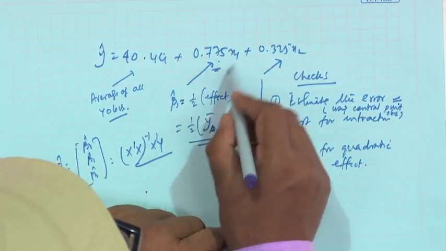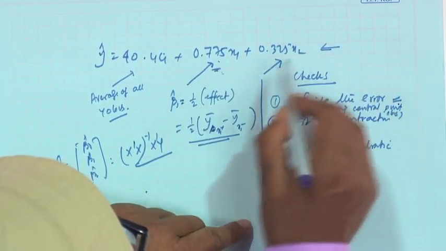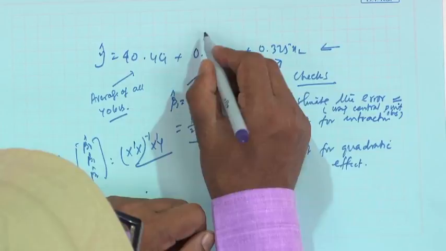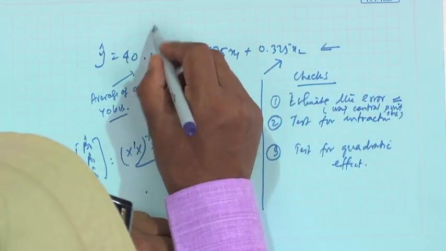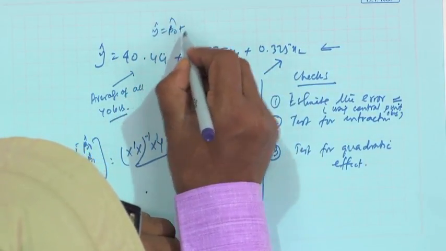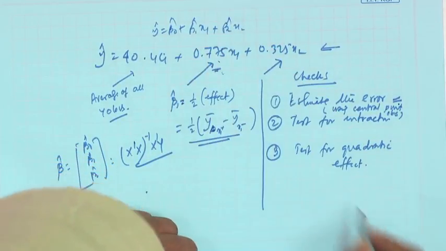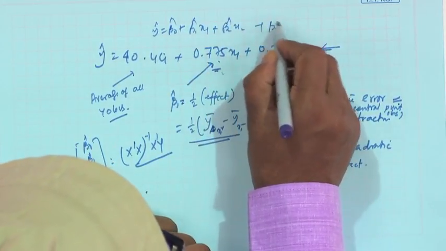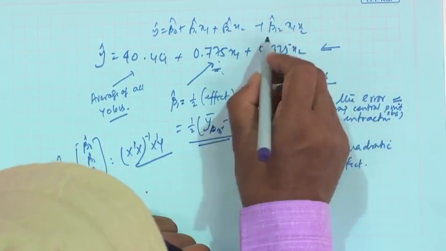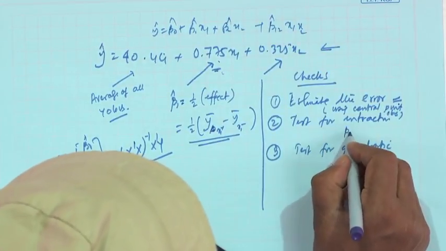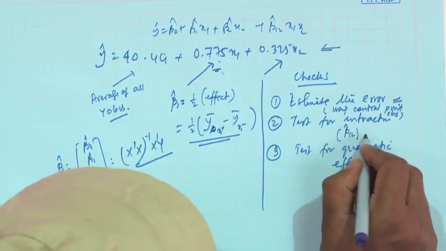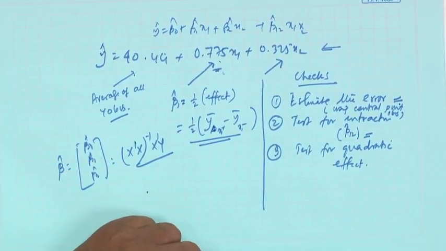Test for interaction means, in this first order model that you have considered, y cap equals beta 0 cap plus beta 1 cap x1 plus beta 2 cap x2, there can also be beta 12 cap x1 x2. That means whether beta 12 cap is significant or not.